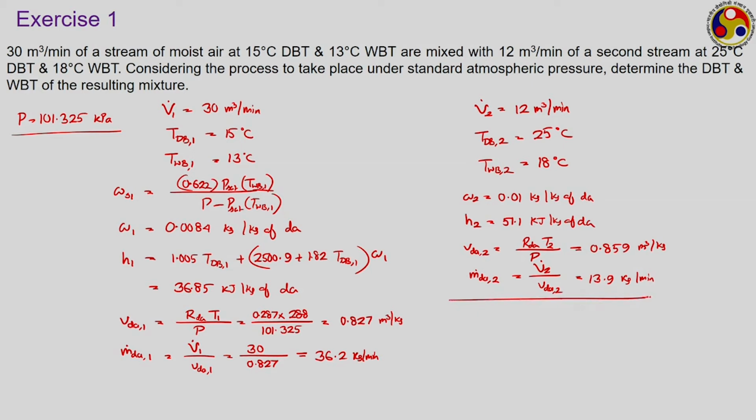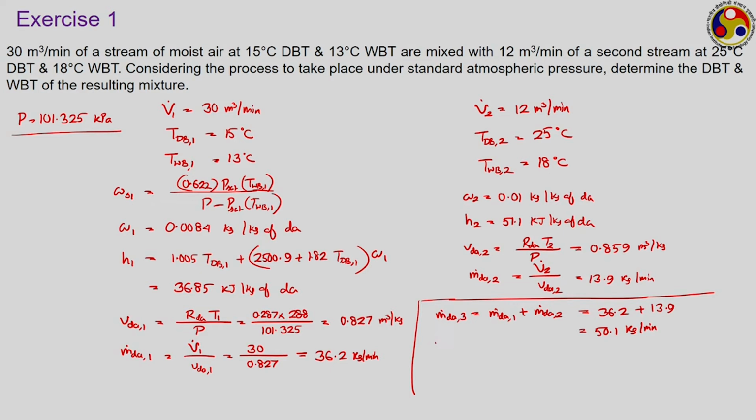So, m dot dry air for the final stream is just addition of these two, because dry air part is directly getting added, and therefore, we have 36.2 plus 13.9 equal to 50.1 kg per minute. So, from there you have to get the final dry bulb and wet bulb temperature.